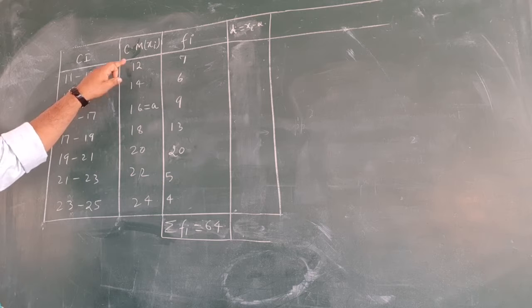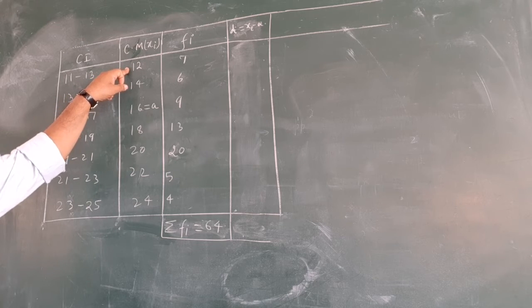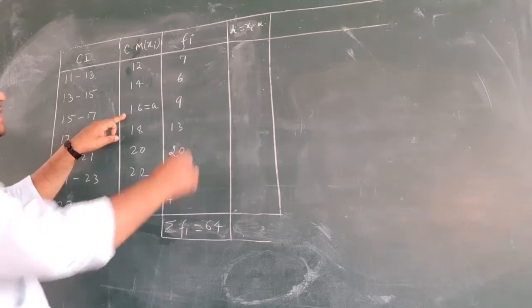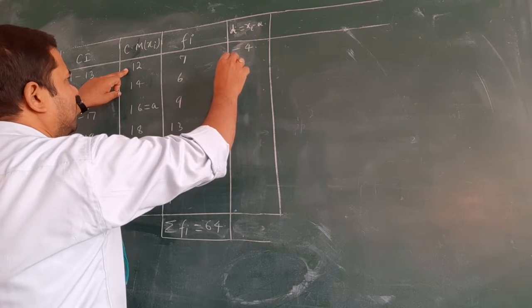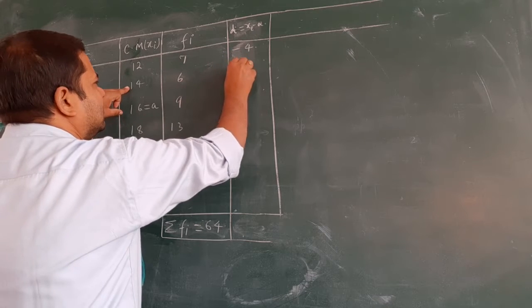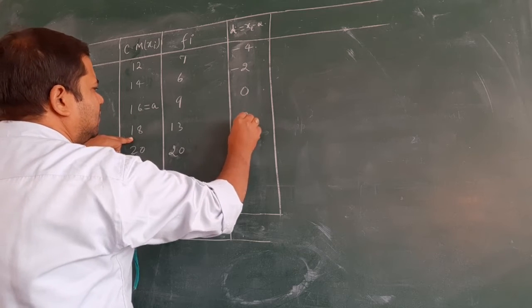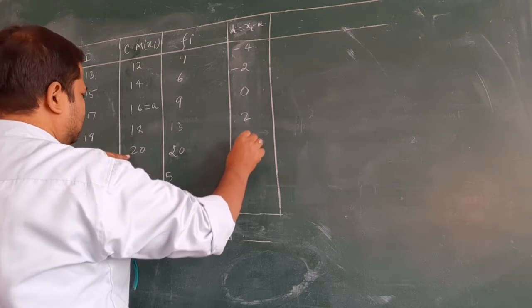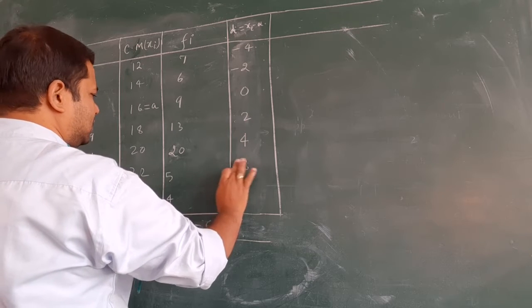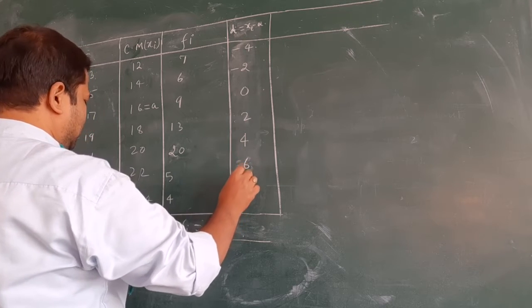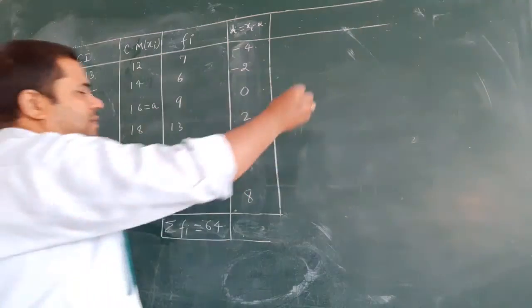You have to subtract 16 from each quantity. So 12 minus 16 is minus 4, 14 minus 16 is minus 2, 16 minus 16 is 0, 18, 20, 22, 6 and 24.